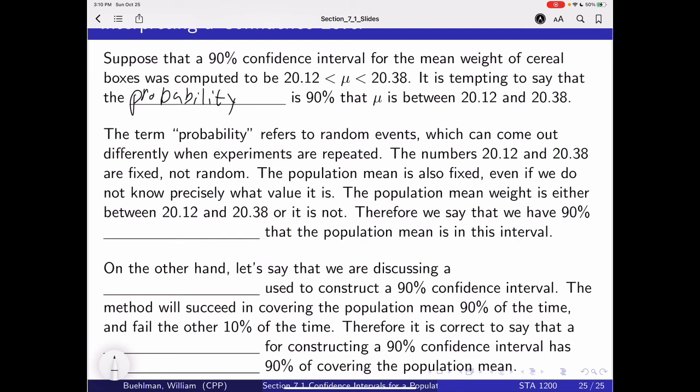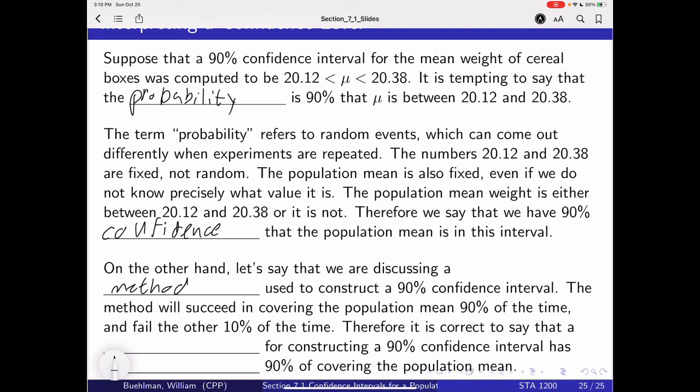Therefore, we say that we have 90% confidence that the population mean is in this interval. On the other hand, let's say that we are discussing a method used to construct a 90% confidence interval.